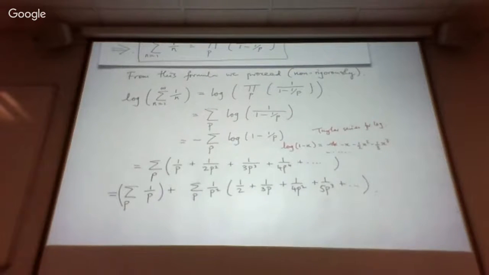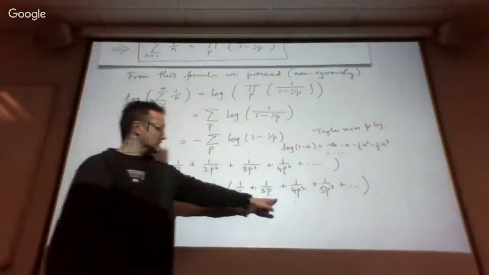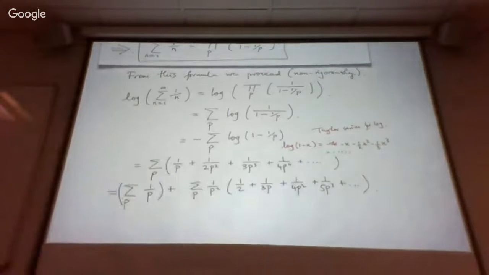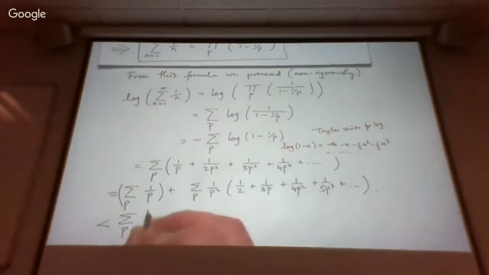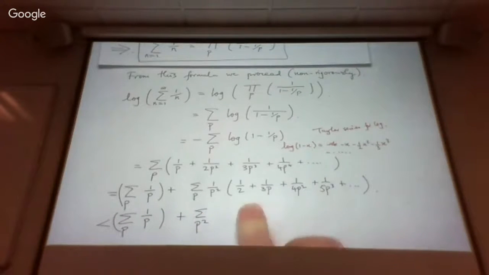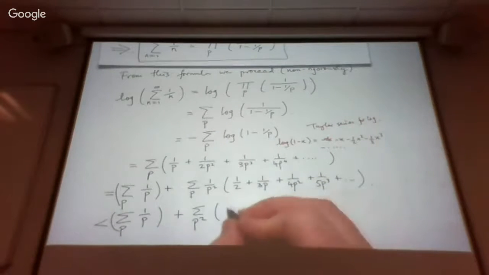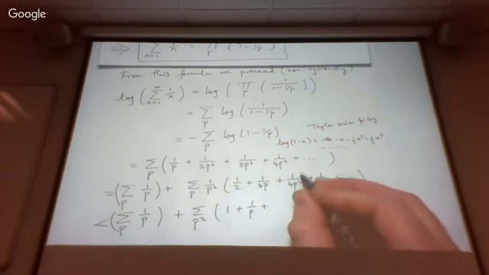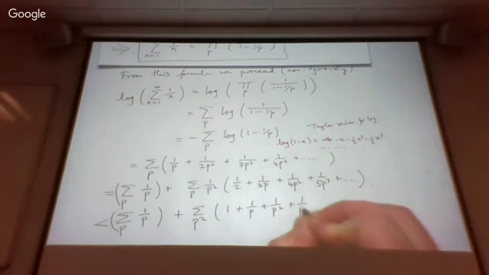And this thing nearly looks like a geometric series again. Nearly does, but it's complicated by these half and third and fourth and fifth and so on. But I can get rid of all those. So instead of writing a half, I'll write 1. Instead of writing 1 over 3p, I'll just write 1 over p. Instead of writing a quarter p squared, I'll write 1 over p squared, and so on.